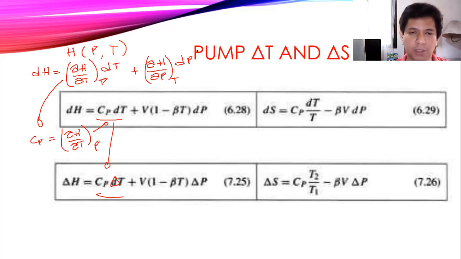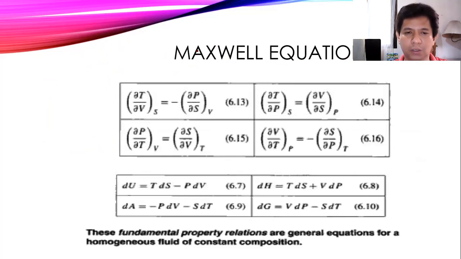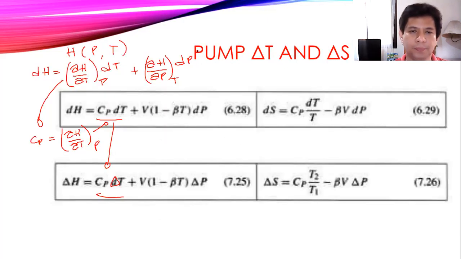So using a Maxwell equation, these are the Maxwell equations. So what we can do is probably we will use the definition, ano, yung kanina, H is equals to U plus PV. Tapos we have the fundamental equation. Diba the fundamental equation is dH is equals to TdS plus VdP.